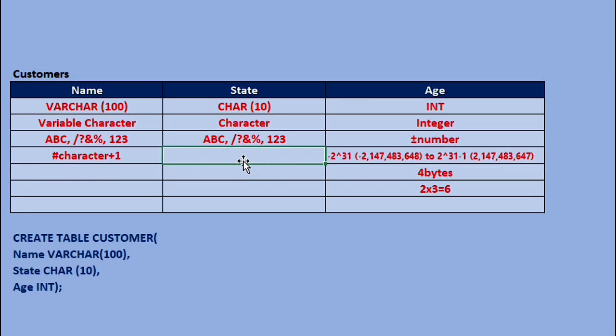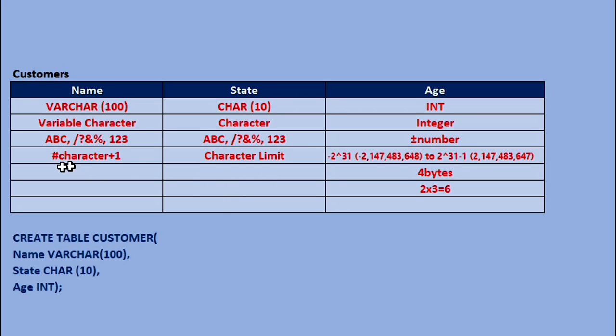How much space will be used to store a string under char is defined exactly by the character limit, for example, 10 in our case here. So a char field with the character limit of 10 takes up 10 bytes on disk, regardless of the string it holds.